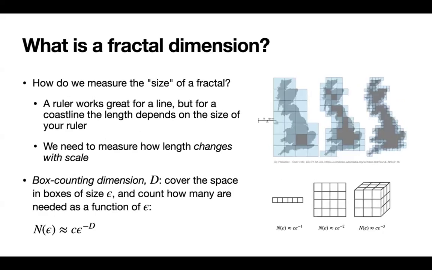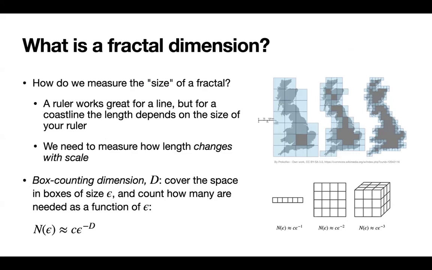Okay, so I'll first explain the more typical notion of global fractal dimension that you might be familiar with, like box counting dimension. You saw the coastline of Britain example. How would I measure the length of the coastline of Britain? My answer is going to depend on the length of my ruler.